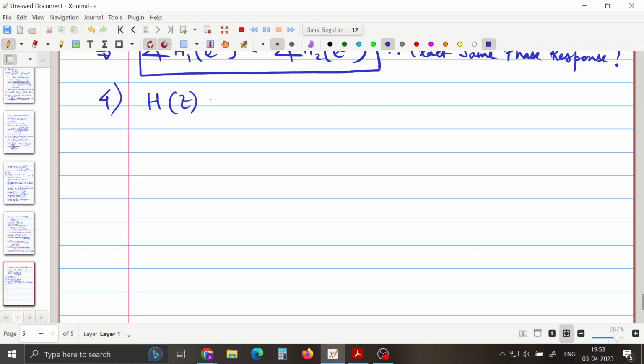Capital H of z is given by z to the power minus 2 minus z to the power minus 6, and you know the general formula for Z transform, which is summation n running from minus infinity to infinity of small h of n z to the power minus n.